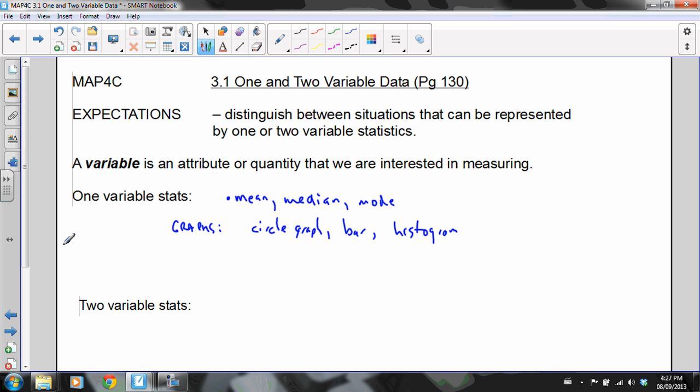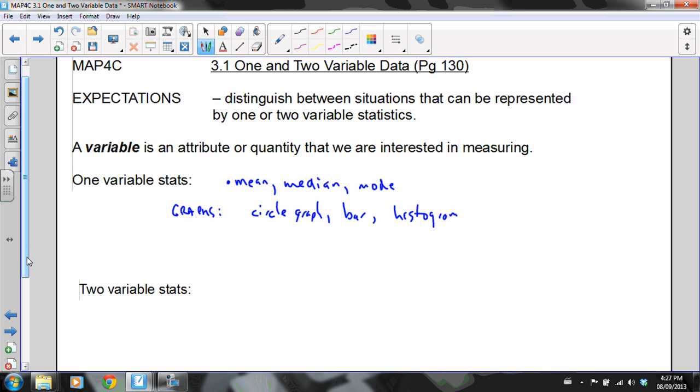That's it. Where two variable stats, which is what we're up against in this unit, we're interested in not calculating the mean, median, mode. We're interested in calculating the relationship, or whether there's a relationship between two variables.